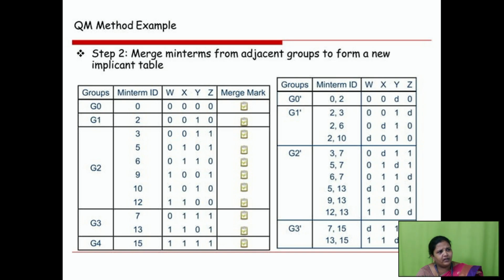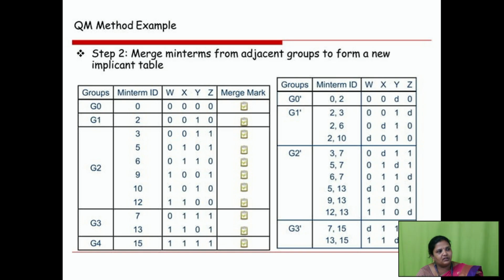And then 5, 7: 0, 1, dash, 1. Then next you have to compare 6, 7: 0, 1, 1, dash. Likewise, comparing 12, 13: 1, 1, 0, dash, the last position is changing. Likewise, we have to compare 7, 15. Here the first position is changing, so dash, 1, 1, 1.